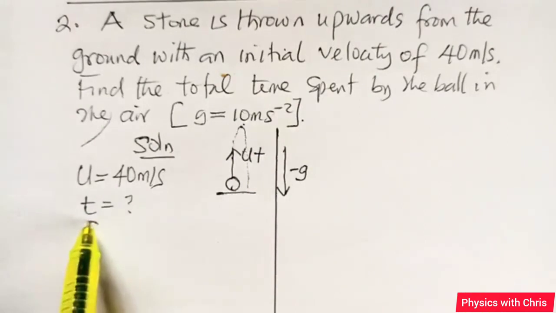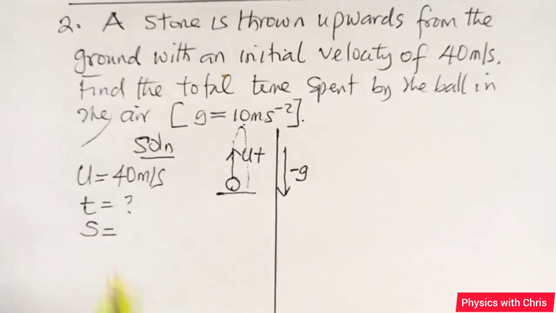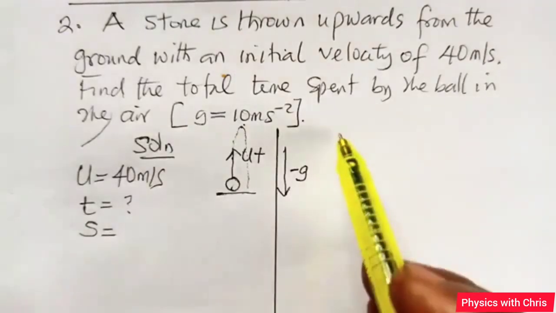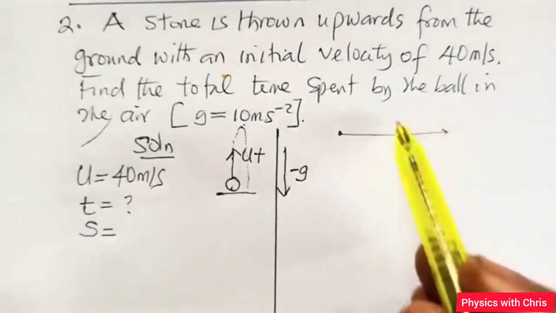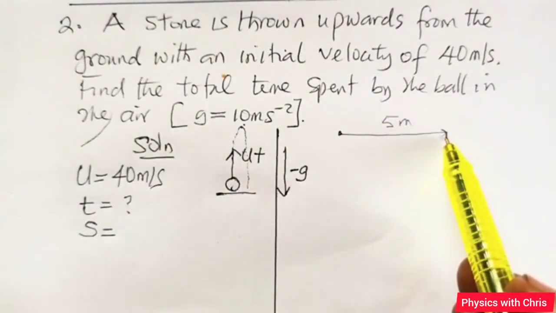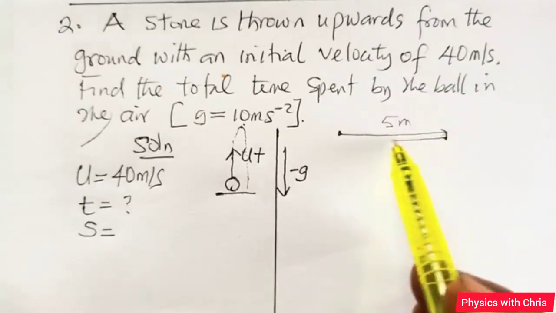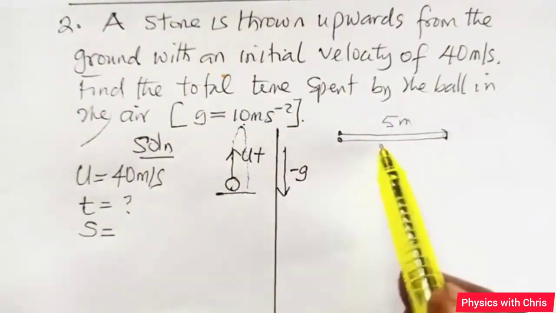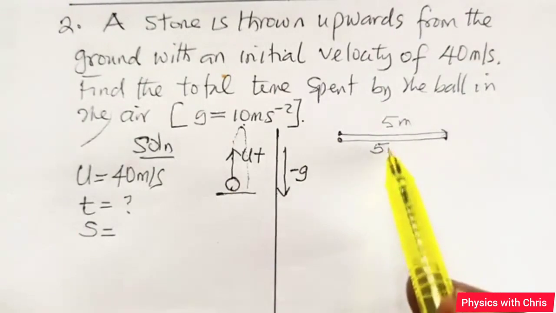And the total displacement of the ball, remember that when an object moves from one point to another and comes back to the same starting point, its total displacement is 0. So if a ball decides to start from here, moves a distance of let's say 5 meters to the left, and then getting to this point, the body decides to make a U-turn and reverse back to the same point of projection, covering a total distance of 5 meters.